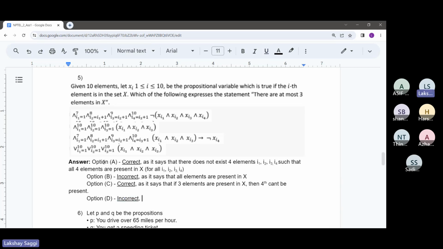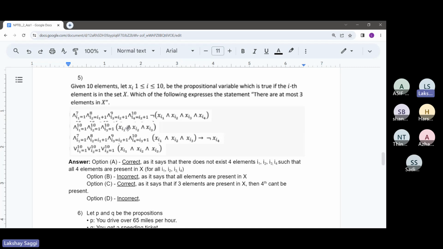In fact, what this statement is establishing is that there exist three elements in X. It says there exist I1, I2, I3 which are present in X. So it establishes that there are at least three elements in X, not at most.